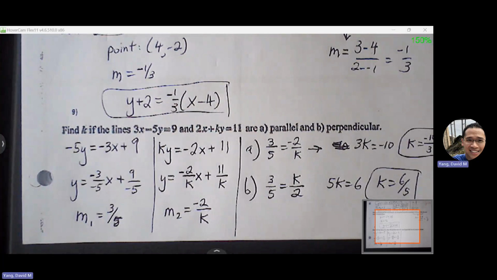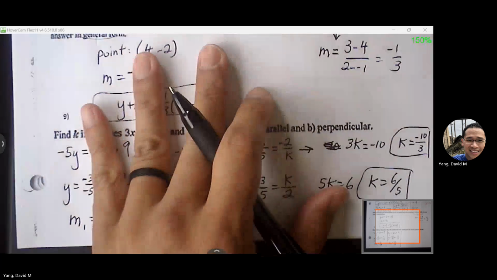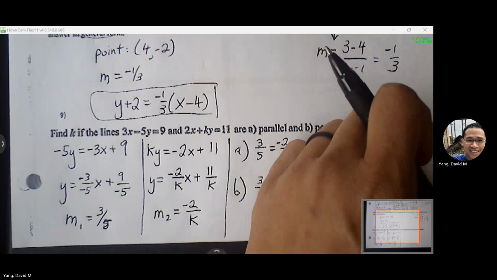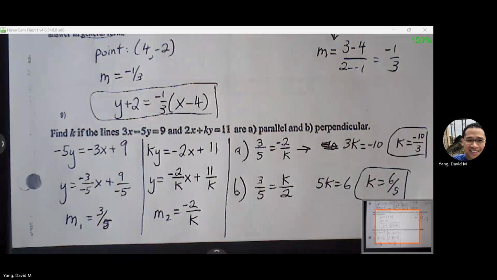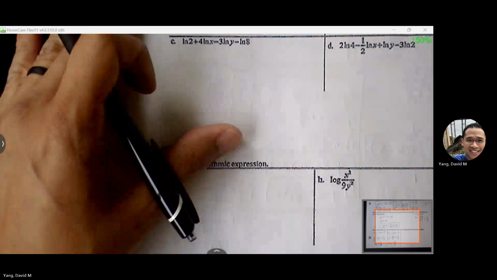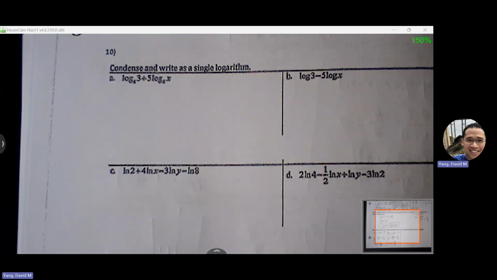All right, 16. So when we condense, that means we're trying to get everything down to one log expression.